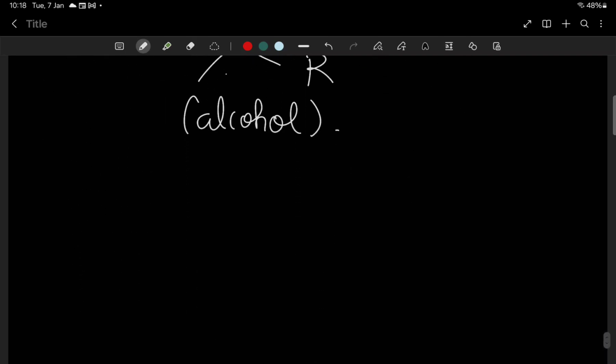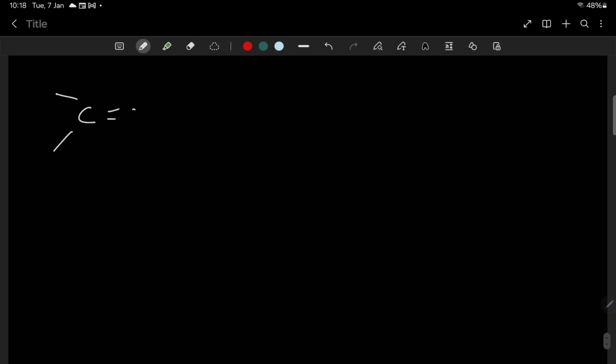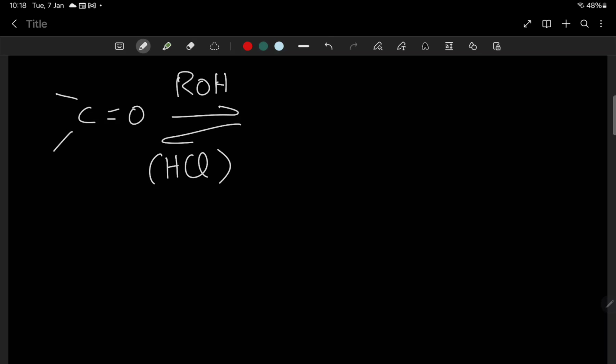Remember the reaction? This is addition of Grignard reagent. Now, addition of alcohol. Into an aldehyde or ketone, I'm adding alcohol, and dry HCl gas is also added with it. Why are we adding dry hydrogen chloride gas? Because it helps in protonation.